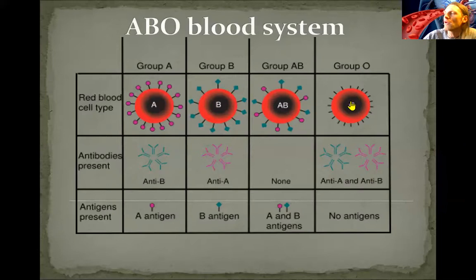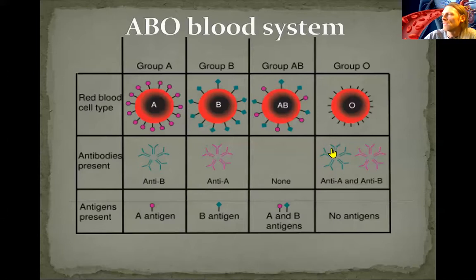Blood group O can only receive from itself. Blood group O cannot give to AB because they have antibodies against this blood group, okay? Blood group O cannot give to B because these antibodies, they will attack these proteins right here.